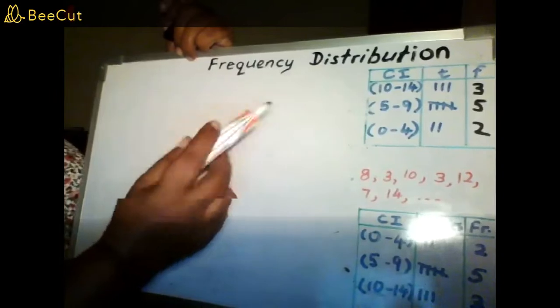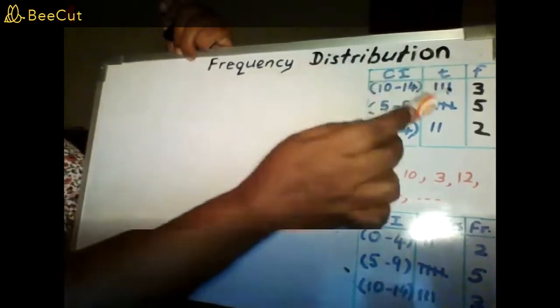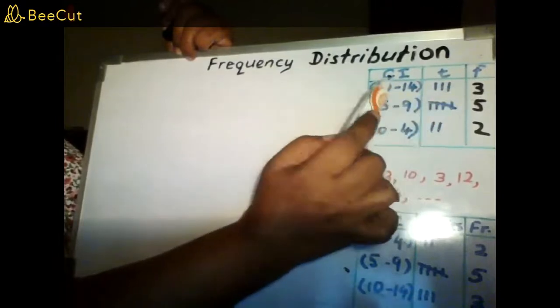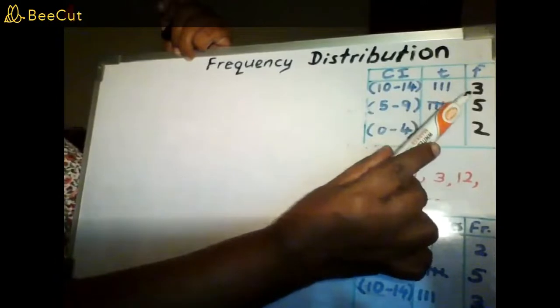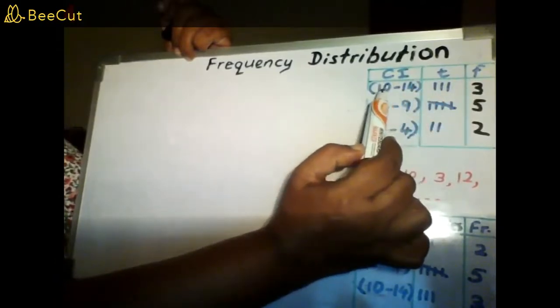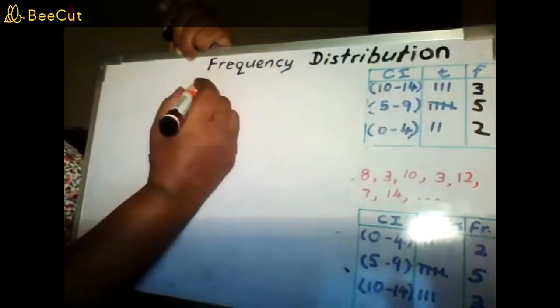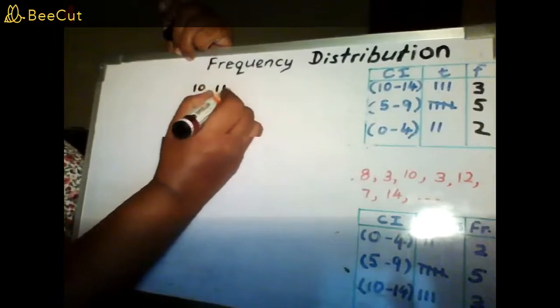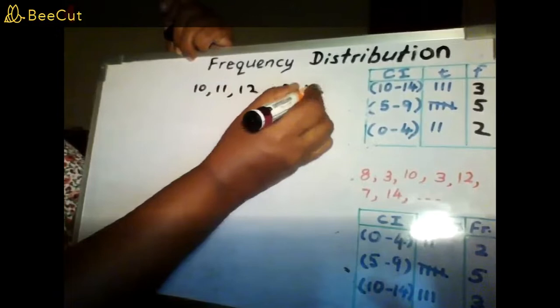Now the next one is class frequencies. Frequencies mean how many are included in this class, how many students. For example, there are 3 students who have scored marks between 10 and 14. That means those 3 students have scored either 10, 11, 12, 13 or 14. Right?